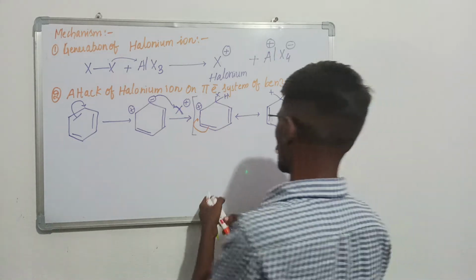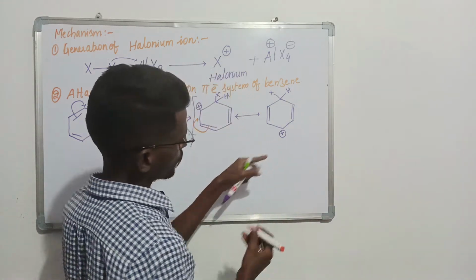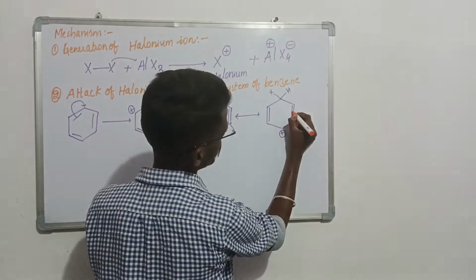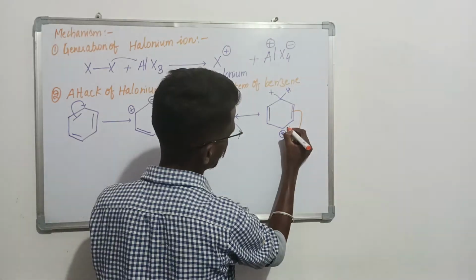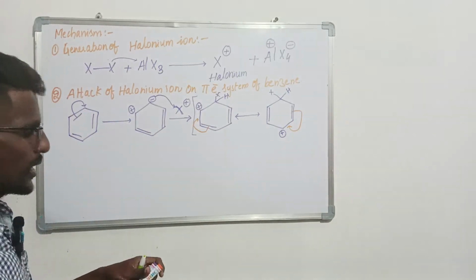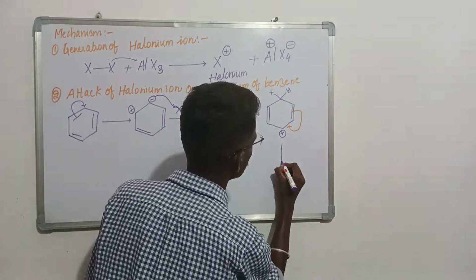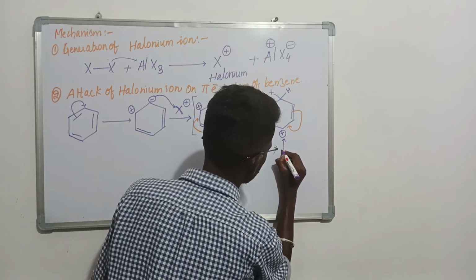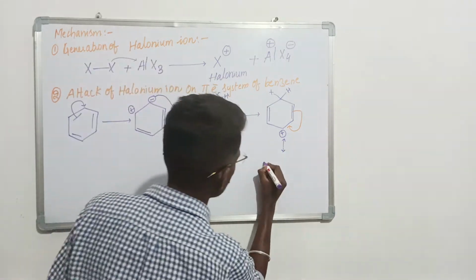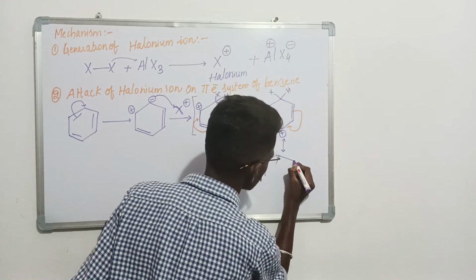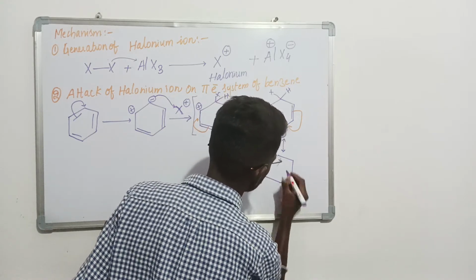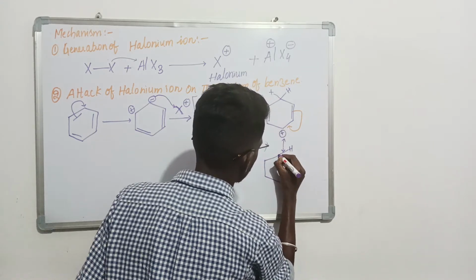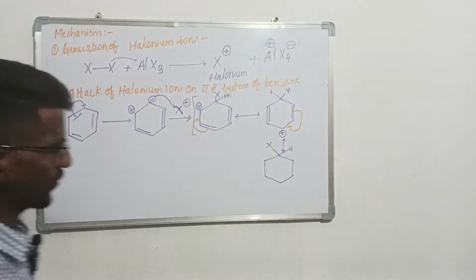Then to neutralize this positive charge, this double bond will shift towards this single bond and it will be converted into this product, with X over here.